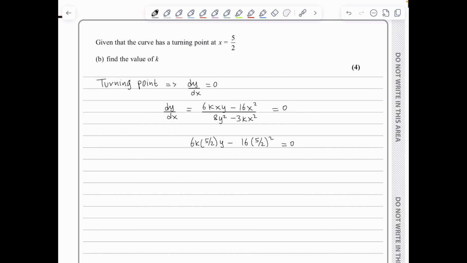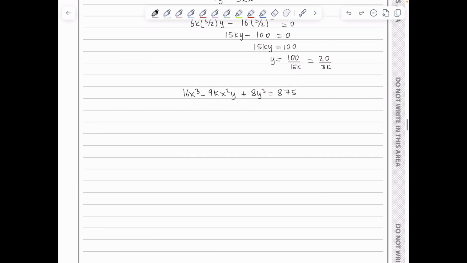So we're dealing with 15ky minus 100 is equal to 0, which means that 15ky is equal to 100, and therefore y turns out to be 100/15k, which simplifies to 20/3k.